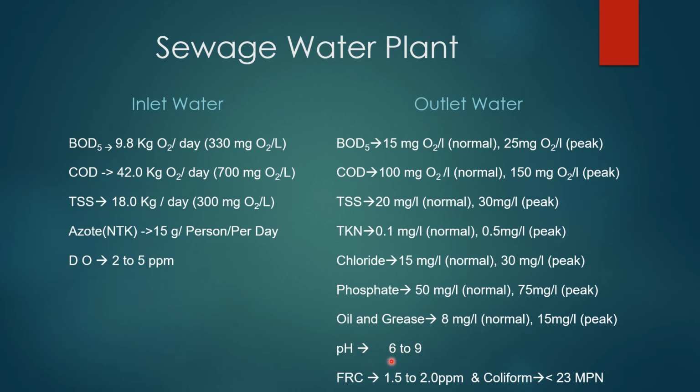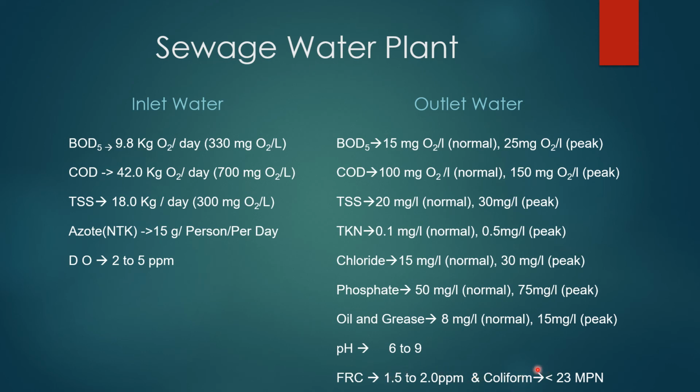And the pH of the reused water, or clarified water after the chlorination, is around 6 to 9. This pH is maintained from the beginning itself. In the equalization tank itself, NaOH, sodium hydroxide, is used to maintain the pH value. And in the chlorination tank, we are admitting hypochlorite solution to maintain 1.5 to 2 ppm of chlorine.